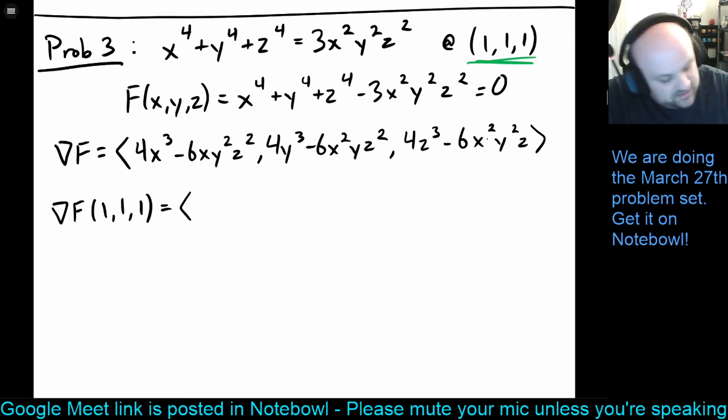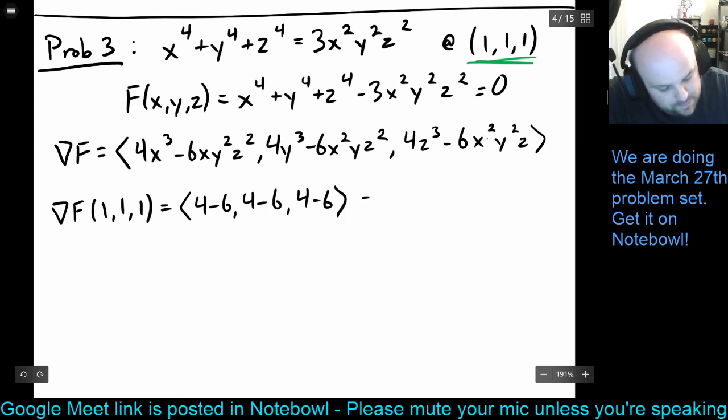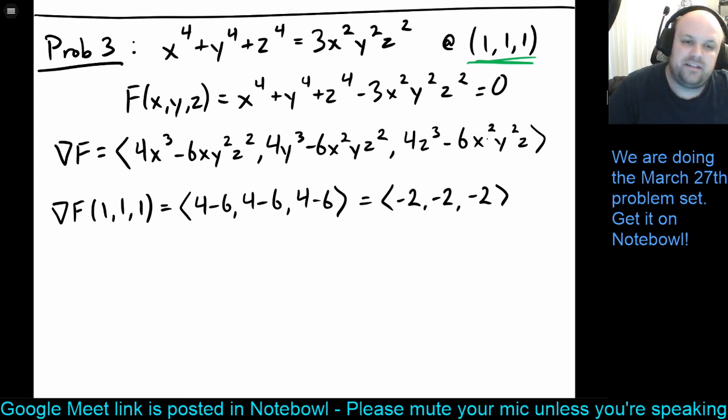So all of these variables are 1, so this is just 4 minus 6 everywhere. So -2, -2, -2. Now the nice thing here is that we can always use any vector that's parallel to this to make the equation of our plane.